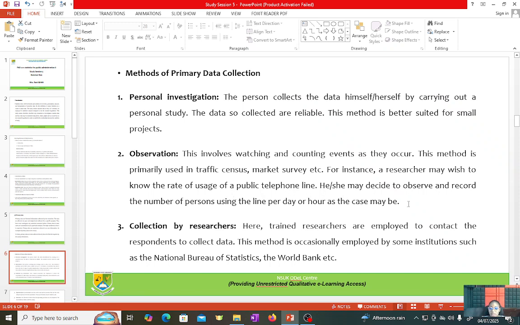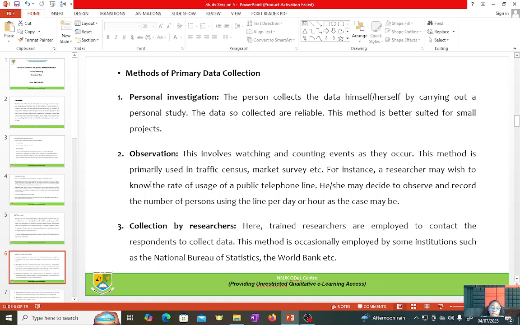He or she may decide to observe and record the number of persons using the line per day or per hour, as the case may be, without necessarily approaching the telephone users. You could take all the information you need by just standing aside and taking notes.